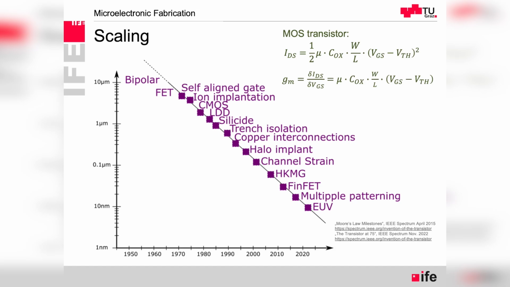LDD is the lightly doped drain region. It's something that I didn't talk about in detail, but it's really important in order to reduce the strong electric fields in the device, which reduce reliability.